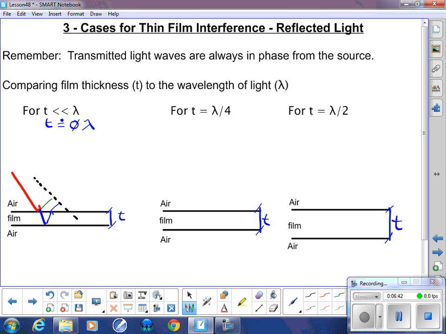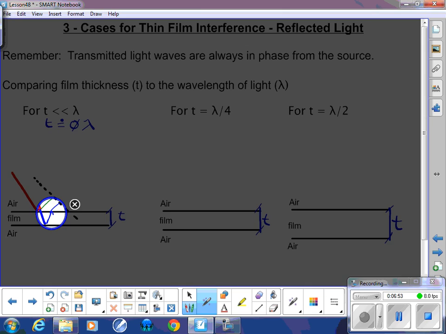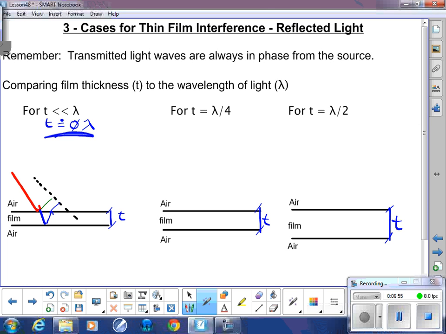So that's where I'm going to start the waves here. If there's a zero distance lag, that means the light wave that went into the film, because the thickness was virtually 0, has virtually the same time lag. So I'm going to start at the center line and produce my sinusoidal wave.